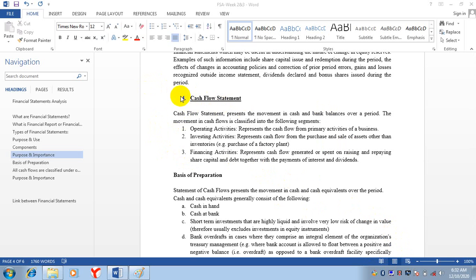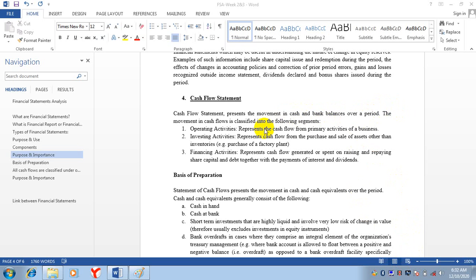So the next statement is the cash flow statement. The cash flow statement presents the movement in cash and bank balances over a period. It is just giving us information about the changes in cash and bank balances, nothing else.